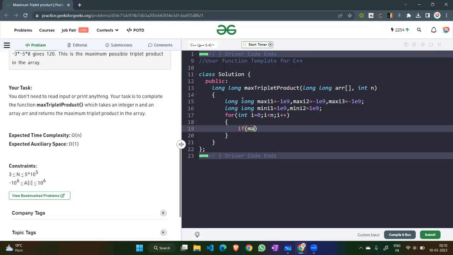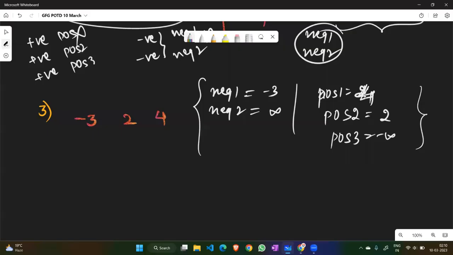As we have said, we have 3 variables, m1, m2, m3. If m1 is smaller than the current element, then m1 should take this greatest number, m2 will take the old m1, m3 will take the old m2. Since values will change, first we assign m3 the m2 value.